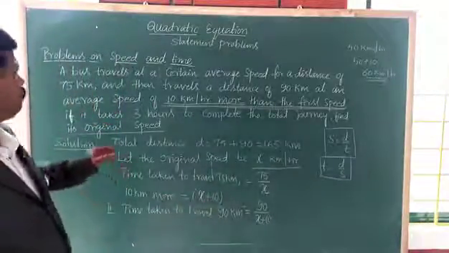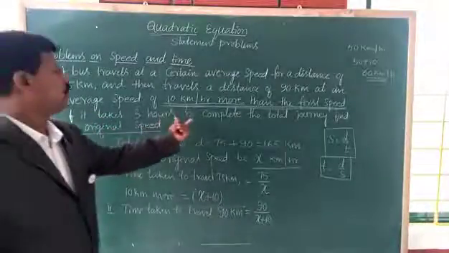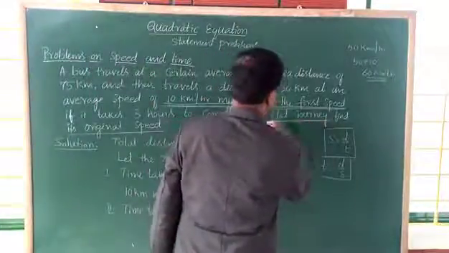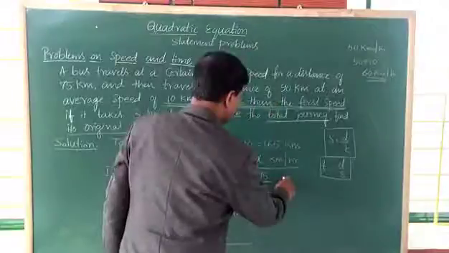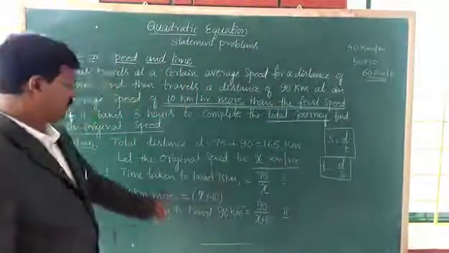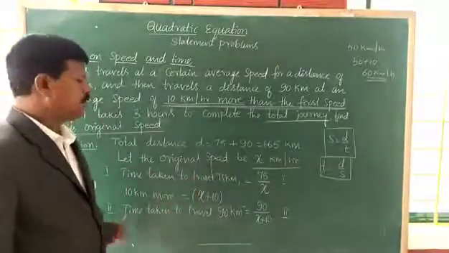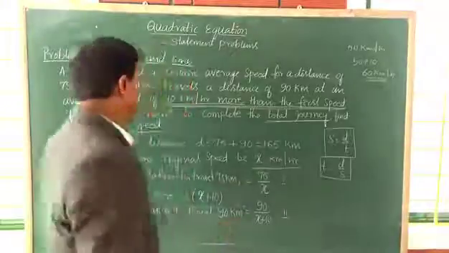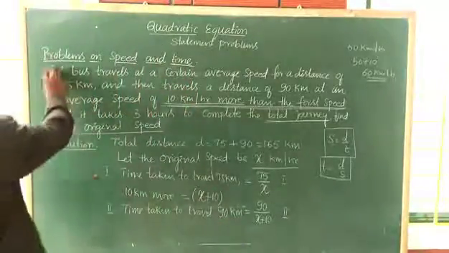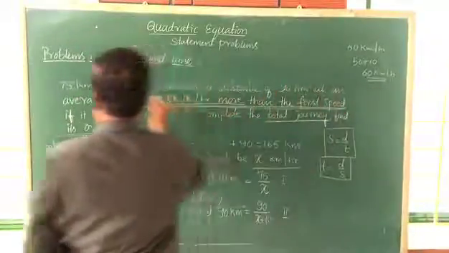Now look at this. If it takes 3 hours to complete the total journey. Total journey means this and this. This is the time taken, t1, and here is the second time. So both the times taken. I am writing the problem here.